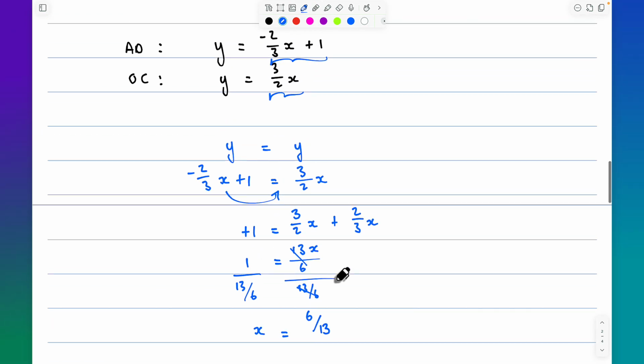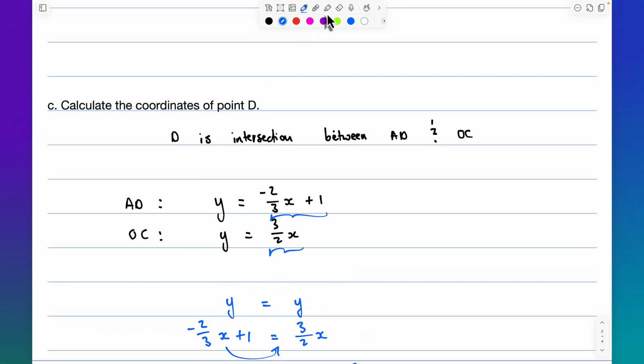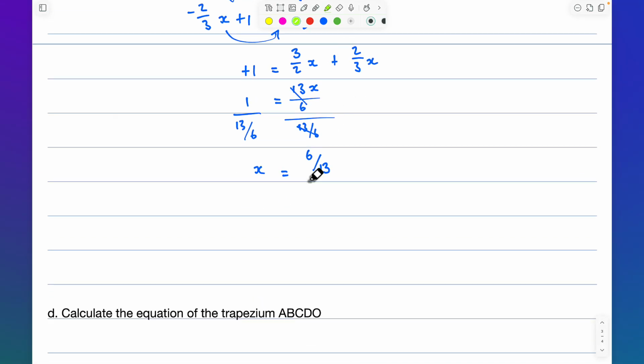All right, so that's your x value. But remember, the question is asking for coordinates. The moment you see coordinates, it means a coordinate has an x value and a y value. So don't just stop at the x, also find the y. For our y value, we can use one of the two equations.